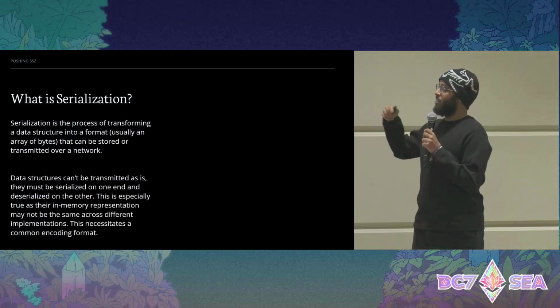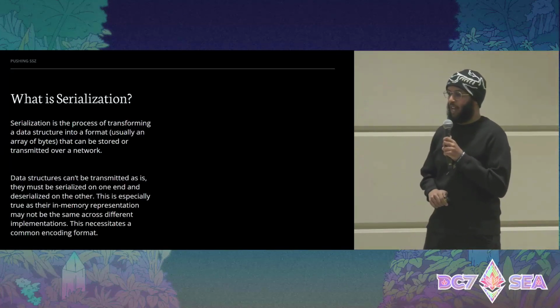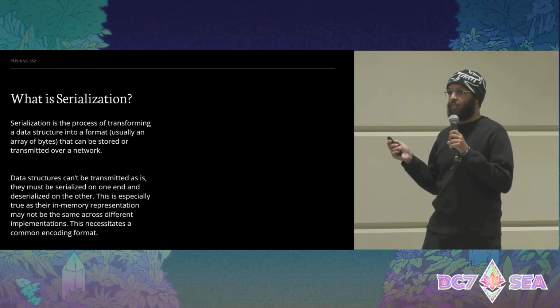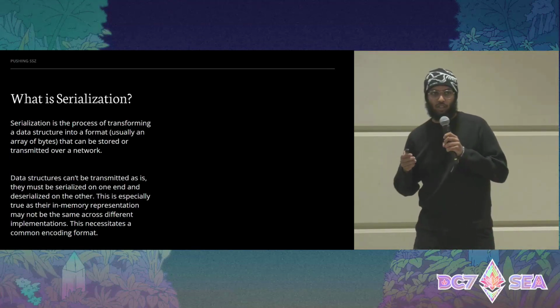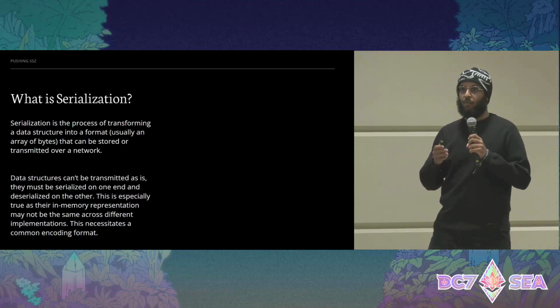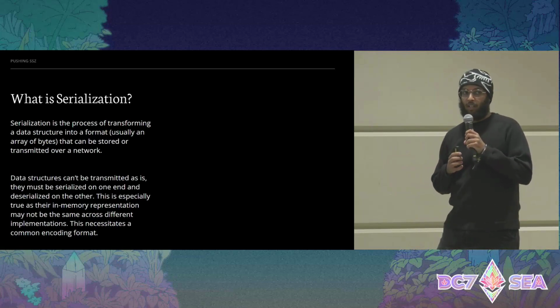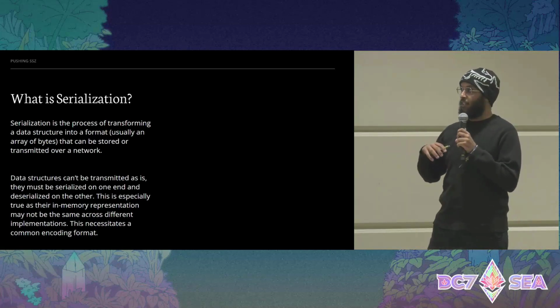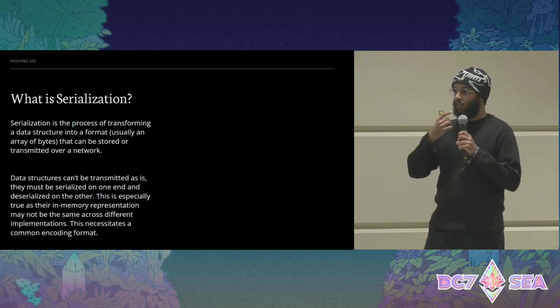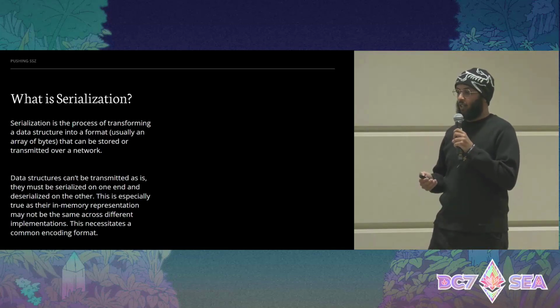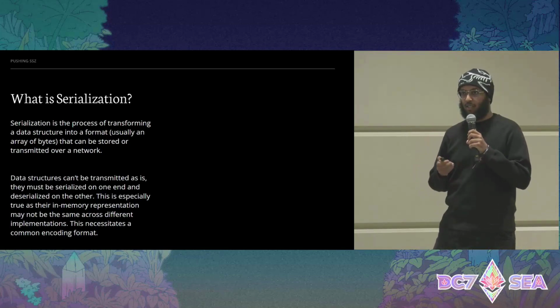So zooming past these first few slides, serialization is the process of transforming a data structure into a common format that the different clients can agree on, which is important for consensus.